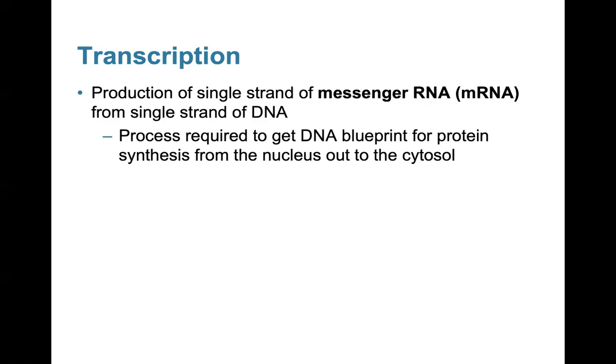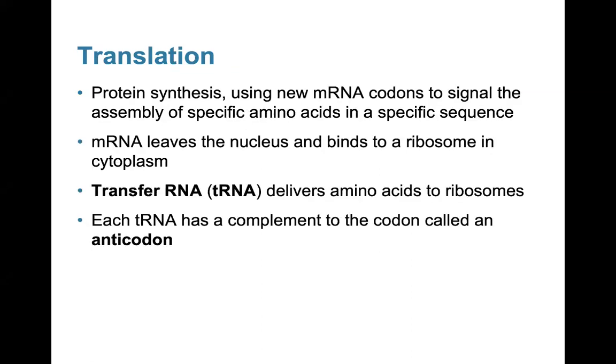When you make the messenger RNA, you're essentially making a copy of the gene, because the DNA cannot leave the nucleus. Remember, protein synthesis occurs on the ribosomes, which are found on the rough ER or in the cytoplasm. So the copy of the gene, the messenger RNA, will leave the nucleus and go to a ribosome.